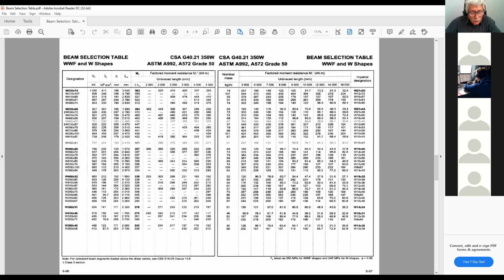What's happening? Stop sharing. Okay, so now today we're going to talk about the next element that is very important when you're designing anything. We're going to be talking about columns.